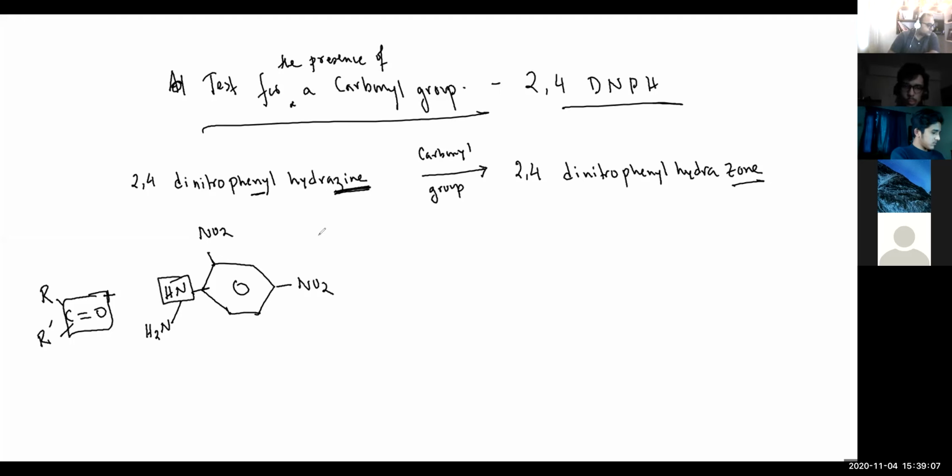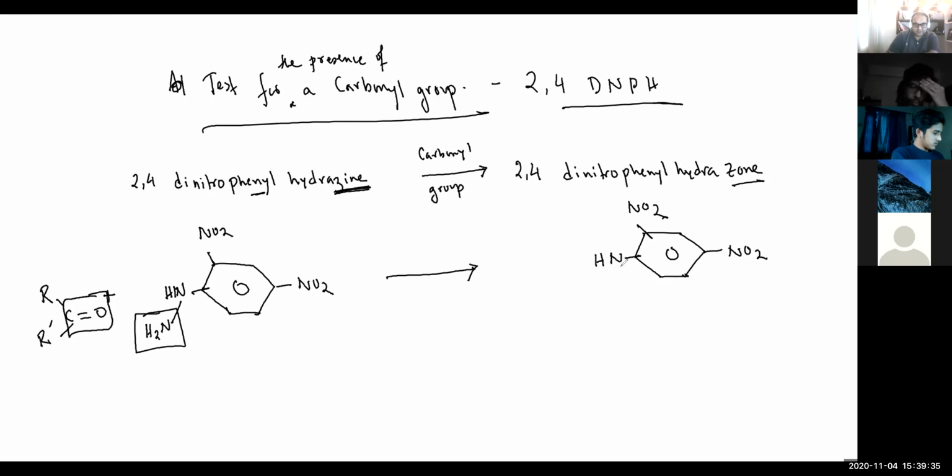It's going to react with this portion, and then form what? NO2 remains the same.